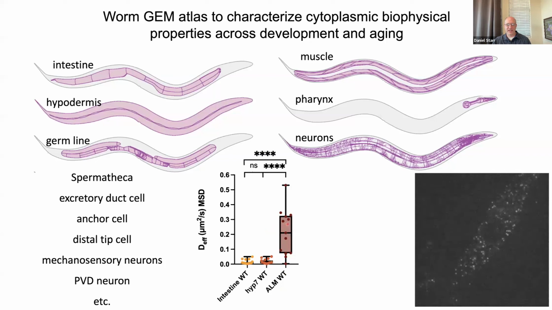And we are seeing differences. So this is a neuron here, and in this neuron, the diffusion coefficient is much faster than it is in the intestine and the hypodermis. So different tissues are going to have very different properties. And then we're starting to look at how this changes during aging. And hopefully I can show you about that the next time I talk.